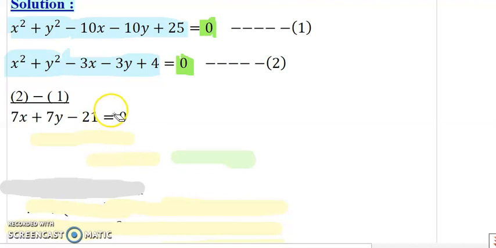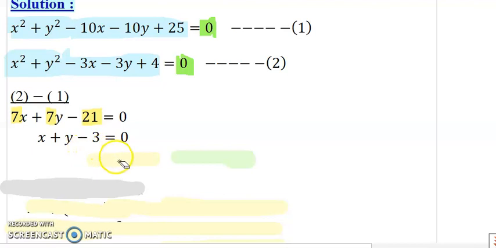After using 2 minus 1, I find that I have a common factor of 7 for each of these terms, so let me simplify this equation. The next thing I do is write either x in terms of y or y in terms of x to create a third equation.